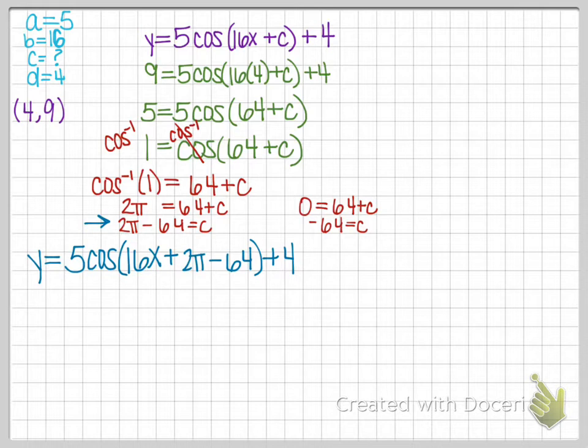If you wanted to use just negative 64, you could do that too. So you could have y equals 5 cosine of 16x minus 64 plus 4. Both of these are completely valid answers that totally fulfill all of the conditions given in the problem.